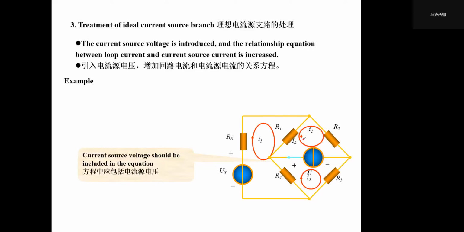So if you pick the current source current to be a loop current, you save some effort solving for the loop current of this loop. So directly we know that I2 is IS.